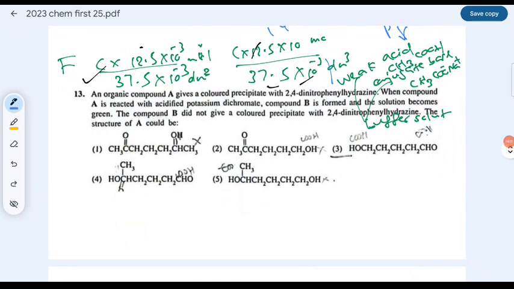An organic compound A gives a colored precipitate with 2,4-DNP.